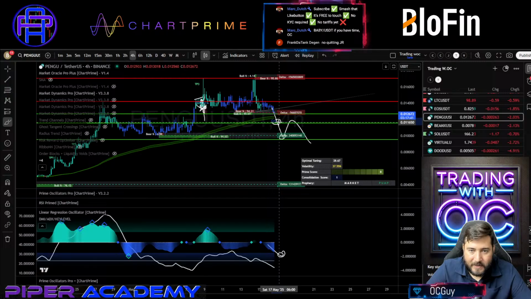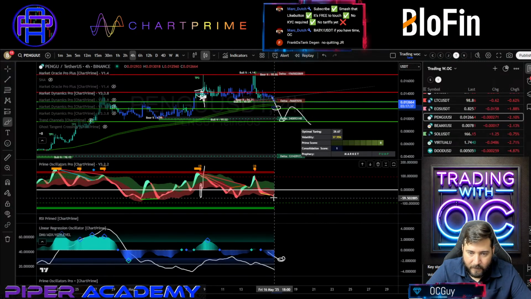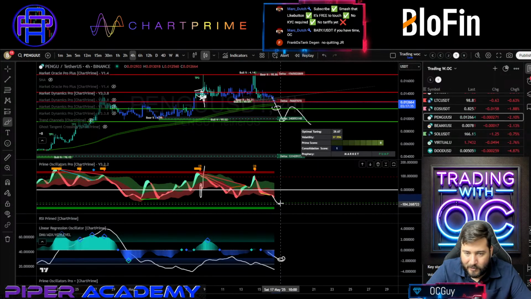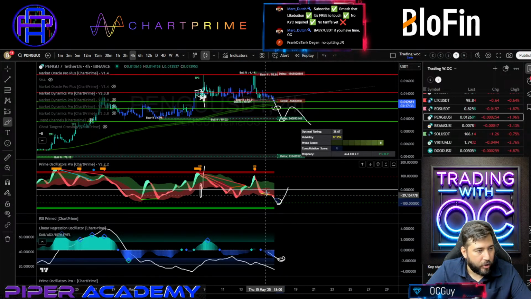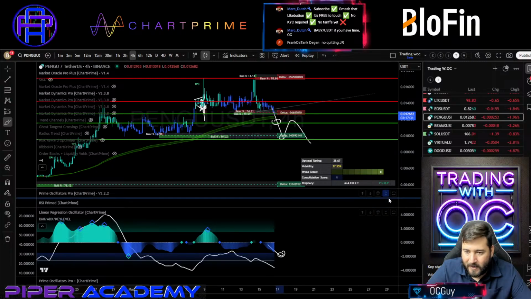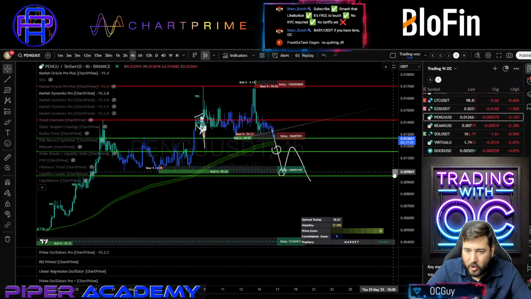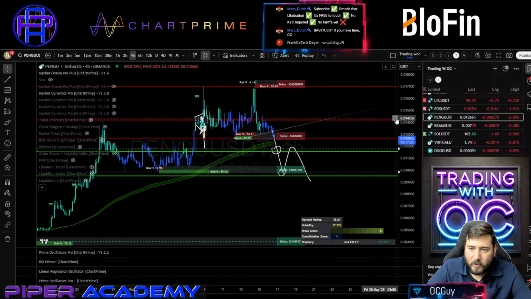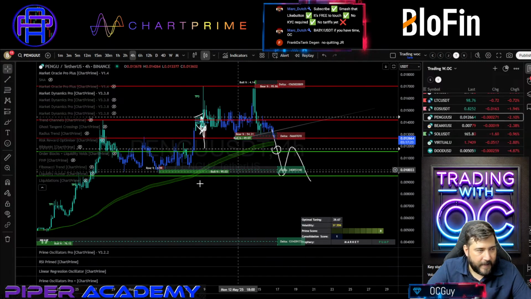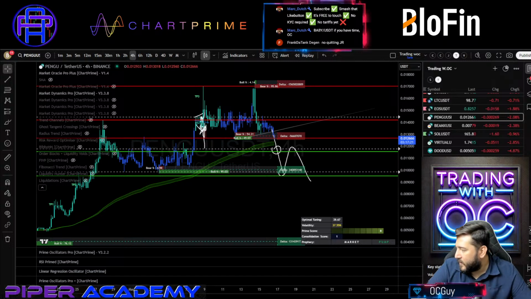If I see peak performance, that's going to be my support zone. If I see a flip of the ribbon, you know what to do. Flip of the ribbon at support, off we go. So Penguin might be a good area. Let me add a couple of alerts so I don't miss it. Perfect. And of course, just in case it goes the other way around, that's going to be it.